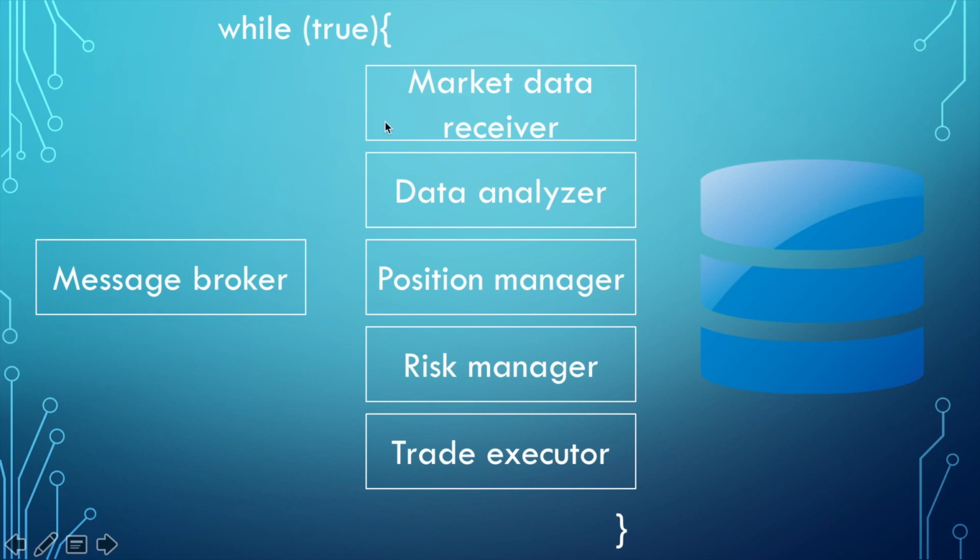The market data receiver component is responsible for interactions between the bot and the exchange and pulling data from the exchange. This data may be order book, trading history, or ticker information like in our case. Later, the market data receiver transforms this data for the analyzer.